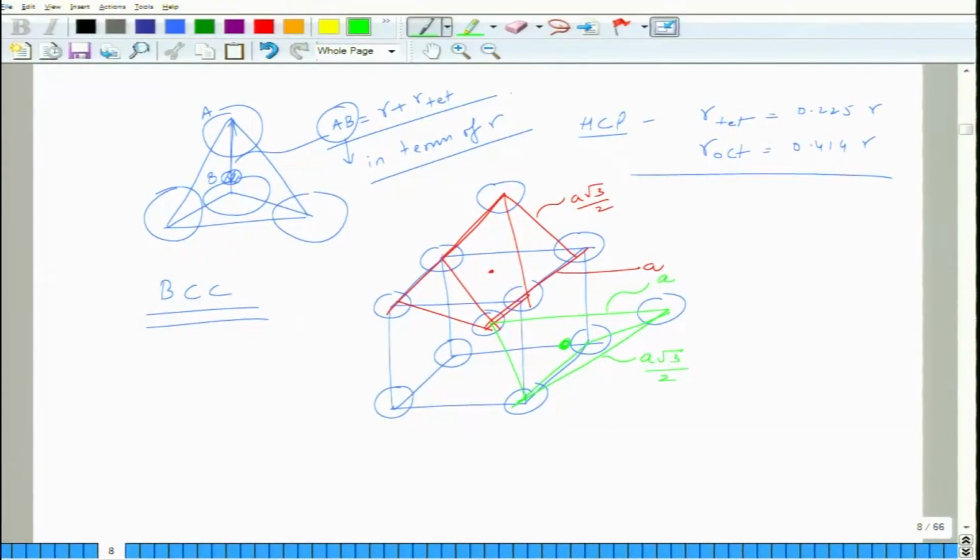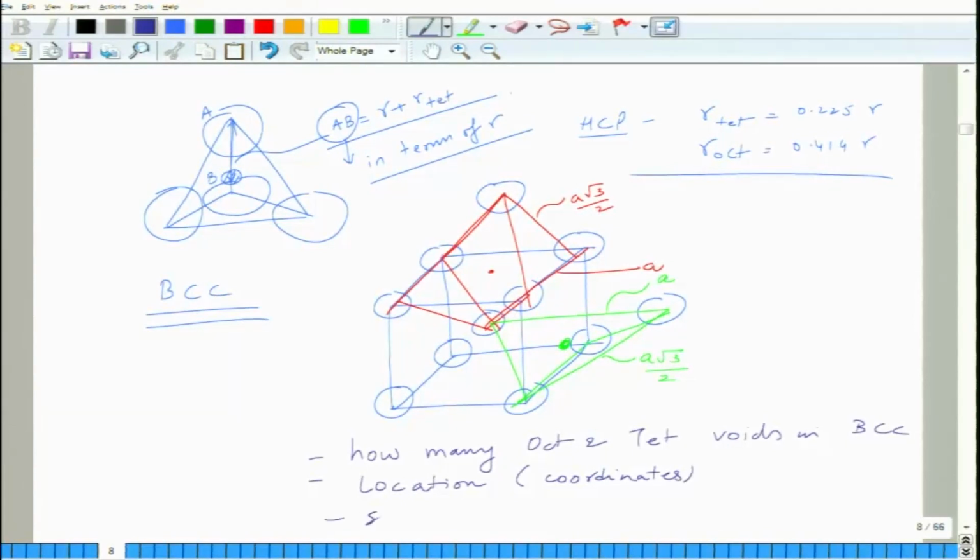I will leave it to you as homework to determine how many octahedral and tetrahedral voids there are in BCC, their exact locations in terms of coordinates, and the size of these voids.